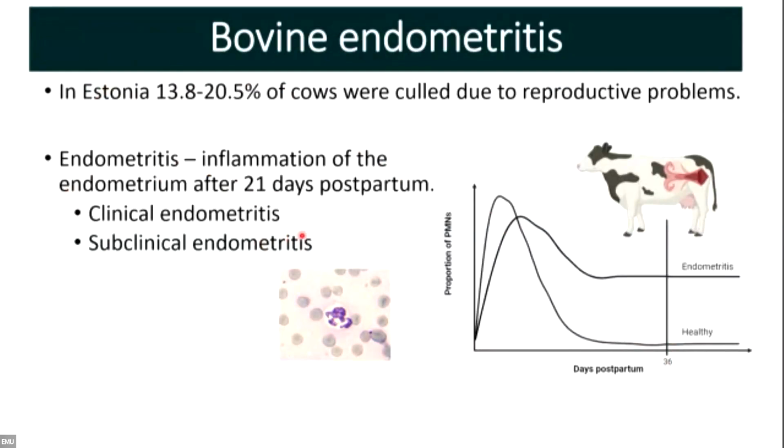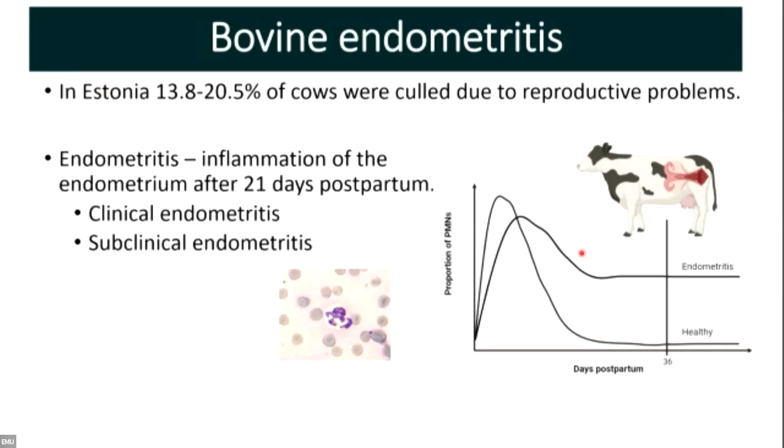There is clinical endometritis and subclinical endometritis. Some researchers have agreed that these two forms can develop independently, while others believe that subclinical endometritis is the continuation form of clinical endometritis.